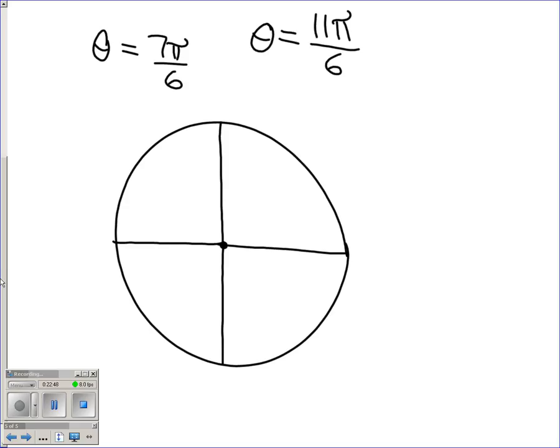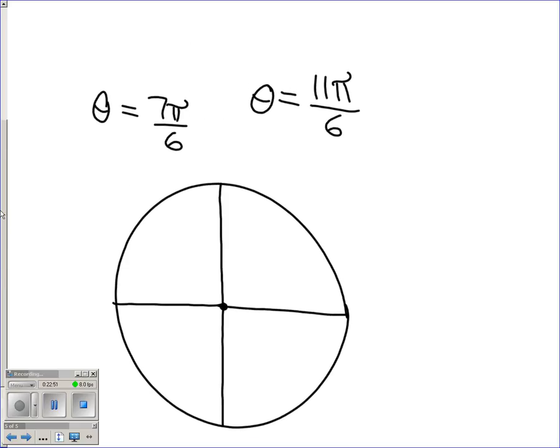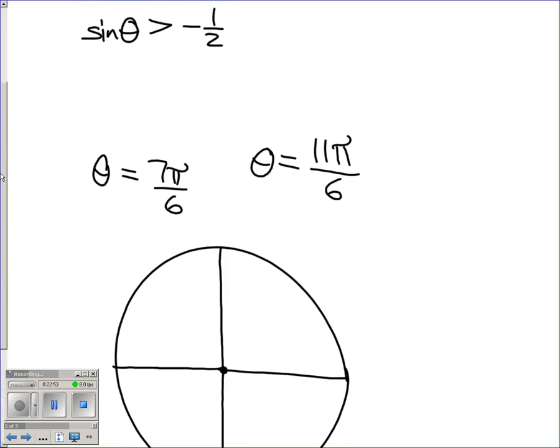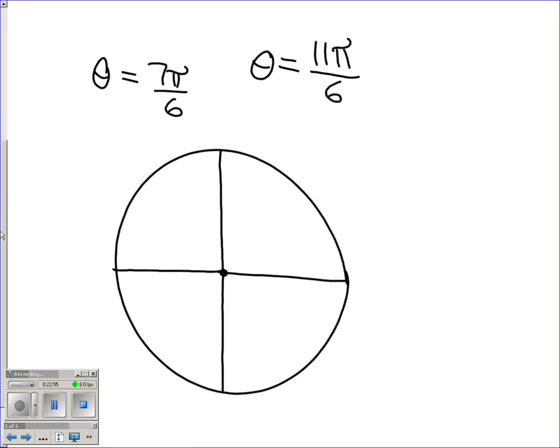Our value says that sine of theta has got to be greater than negative 1/2. Well, if we're anywhere in the first two quadrants, anywhere on the circle, sine is positive everywhere up there, except at the endpoints. So that's greater than negative 1/2 for sure.